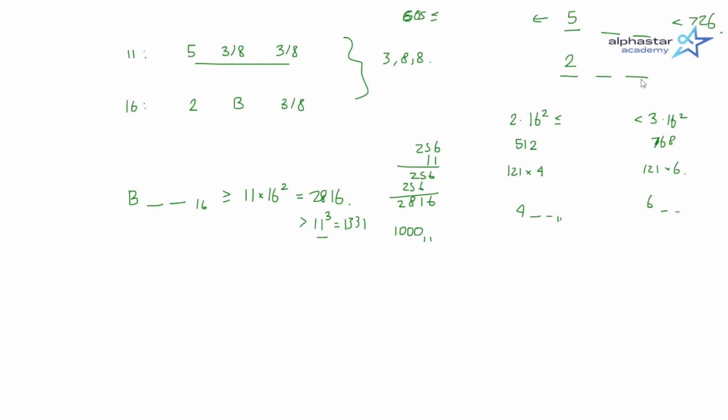Now that we have a tighter bound, we can consider base 16. First of all, 605 is going to be 256 times 2 plus something. We already know that it starts with 2, so we can subtract 512 from these to bound this number, getting rid of that first digit.